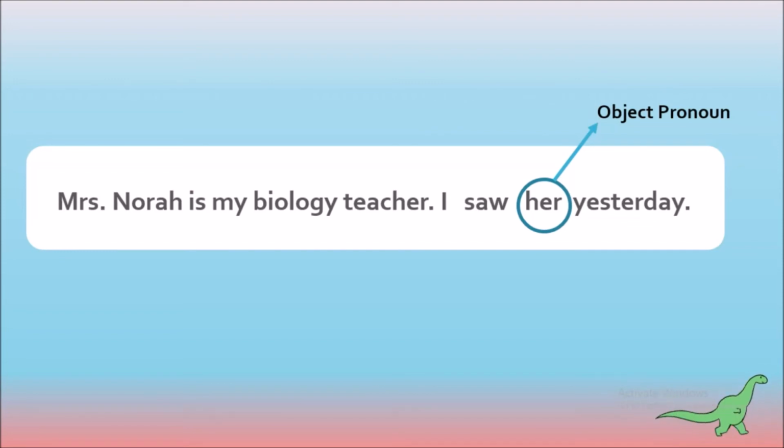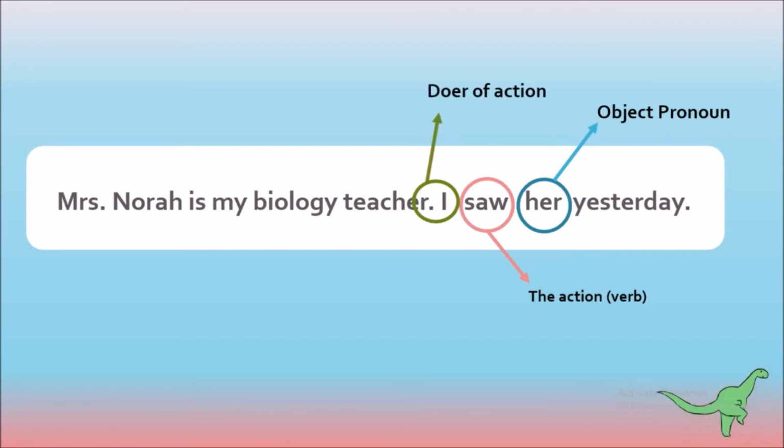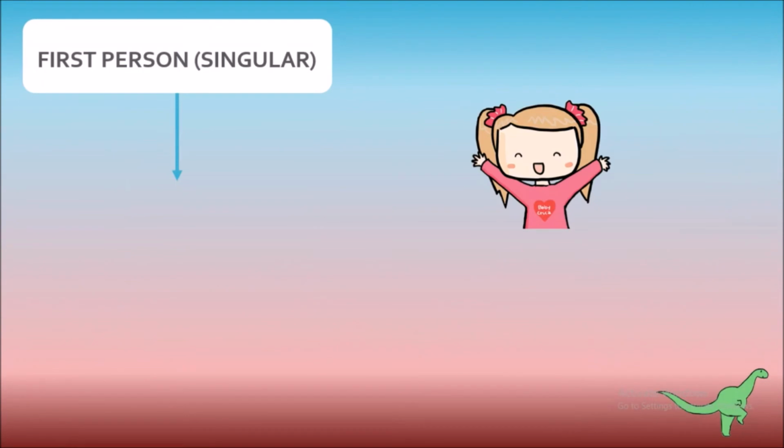So, the actual verb is saw. The subject pronoun, or the doer of the action, is I. And of course, her is the object pronoun that receives the action. So let's take a look at it now.